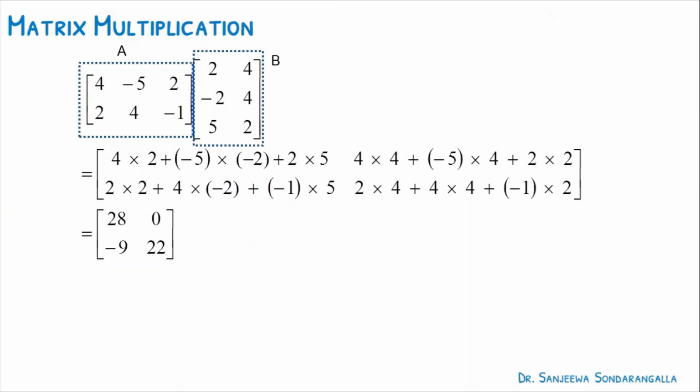In order to obtain the multiplication of A and B matrices, the number of columns in matrix A must equal the number of rows in matrix B. To obtain the multiplication of these two matrices, multiply the first element of the first row of matrix A with the first element of the first column of matrix B. Then multiply the second element of the first row of matrix A with the second element of the first column of matrix B. Continue this method to obtain the multiplication of the two matrices manually.